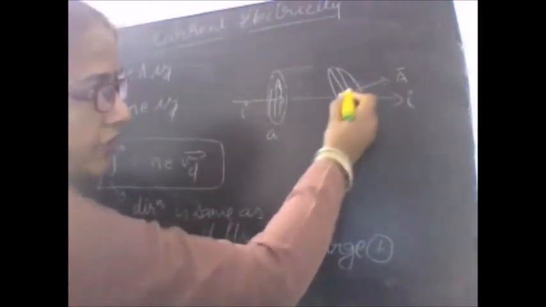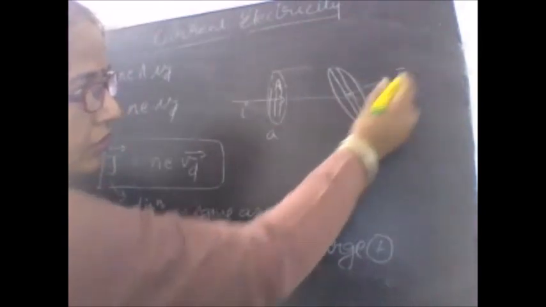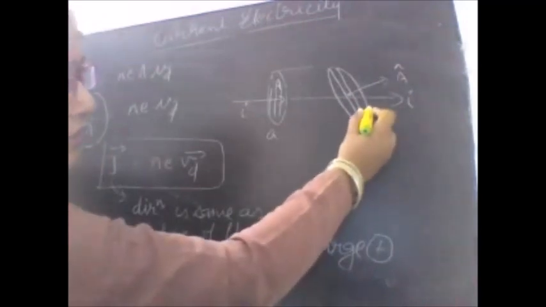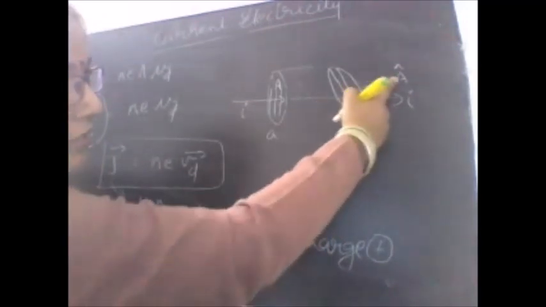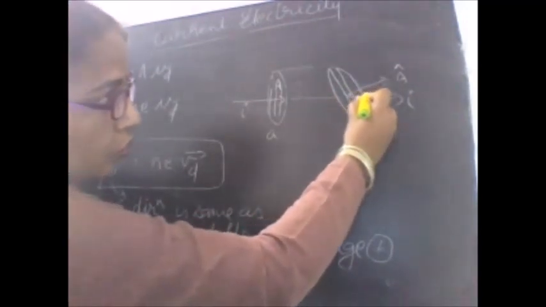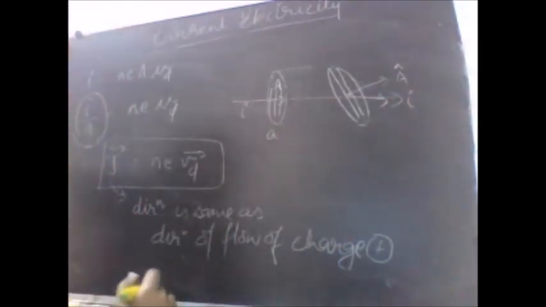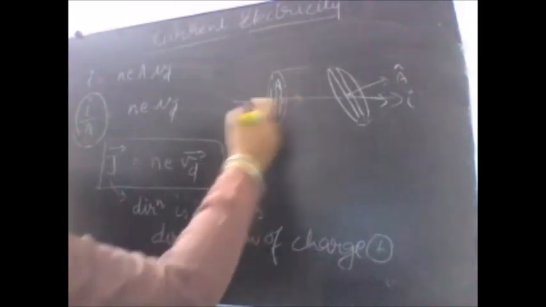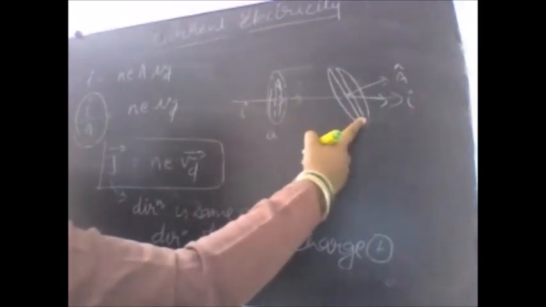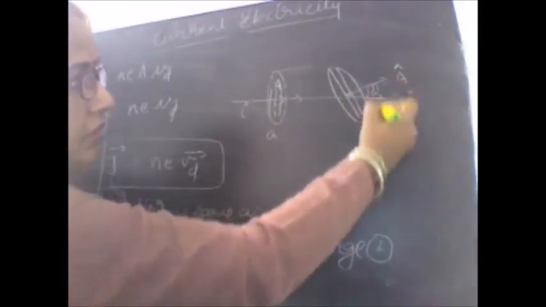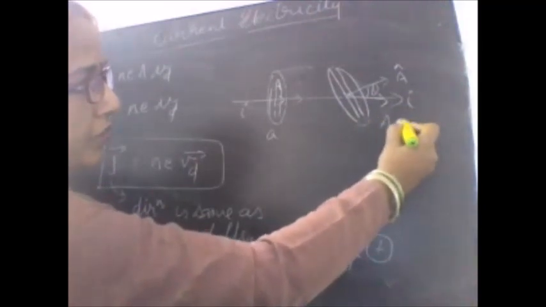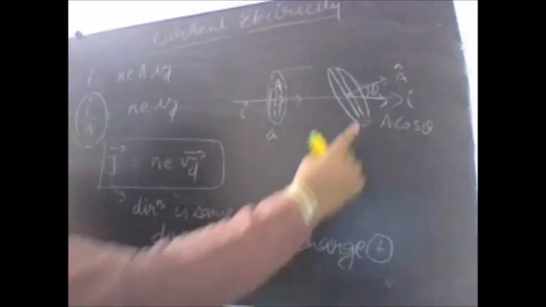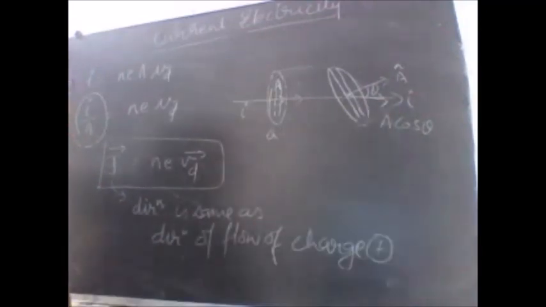I have to take the direction of the area vector along the direction of the current, like it was clear here. Direction of the area vector was along the direction of the current. Same as here. If this angle is theta, isn't that this term should be A cos theta? This term should be A cos theta.